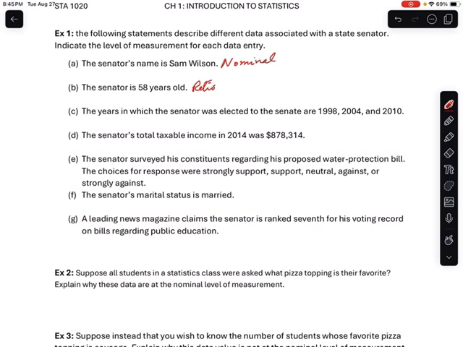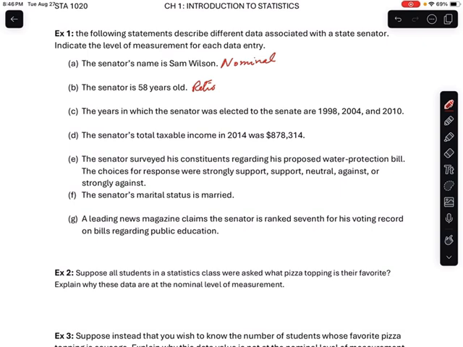C is the years in which the senator was elected to the Senate: 1998, 2004, and 2010. So what type of data is that? Well, these are numbers, and they can be arranged in order. So is it ordinal data? Well, it could be, but let's go to the next step, check the difference. Does the difference between these values or years have some meaning, or is it meaningless?